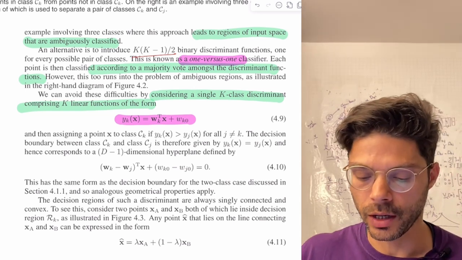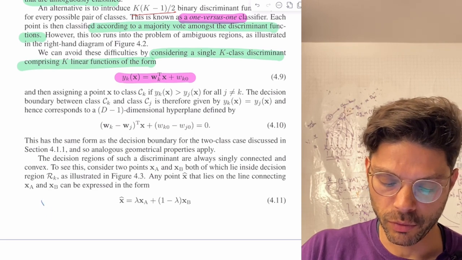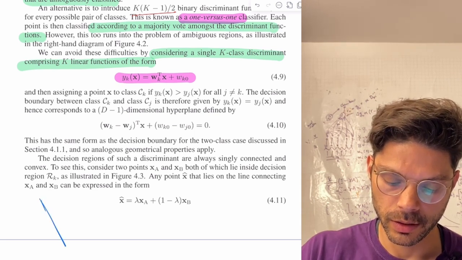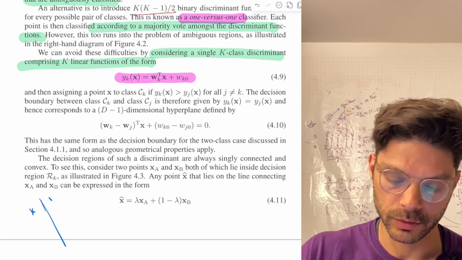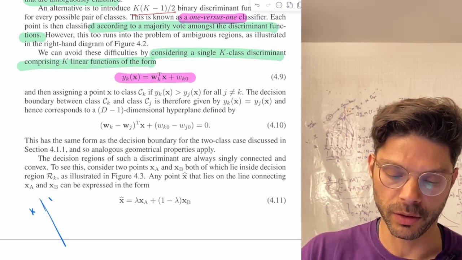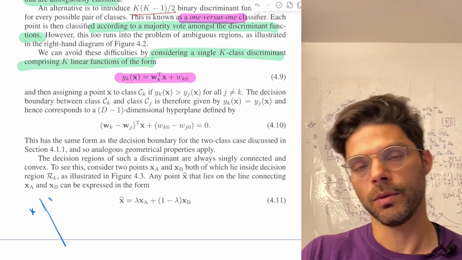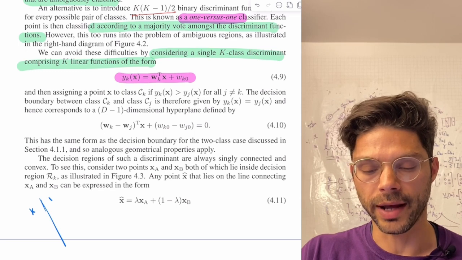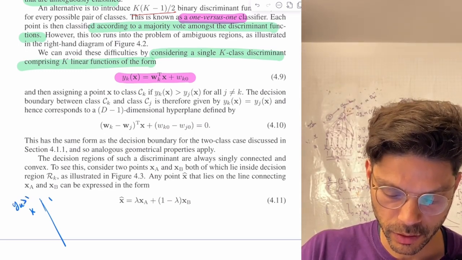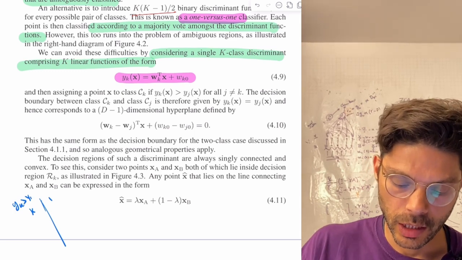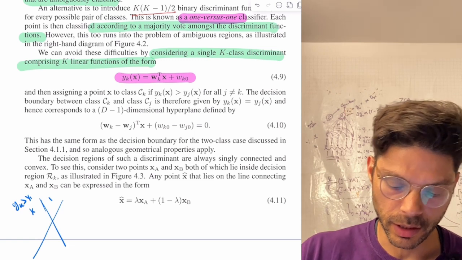So let me see if I can draw a good picture of that. Let's say this was the boundary with class 1. All the points on this side are going to be such that y_k is greater than y_1. Then let's say there's another class over here, in a different color.